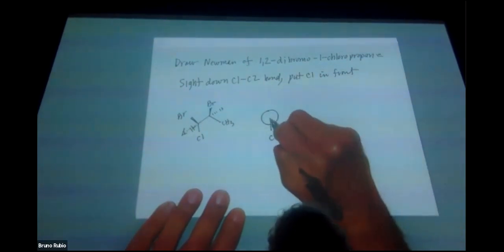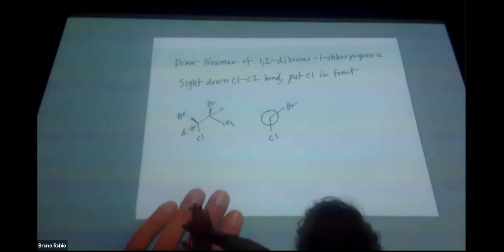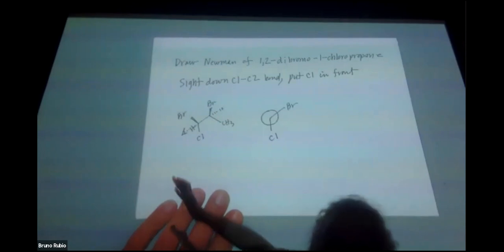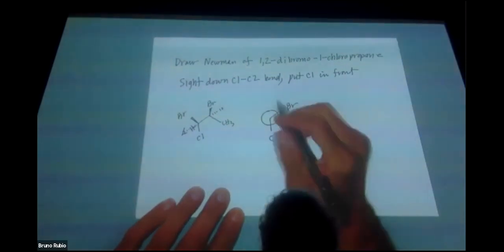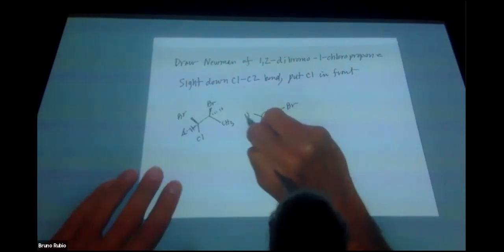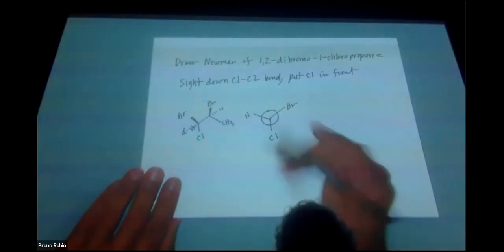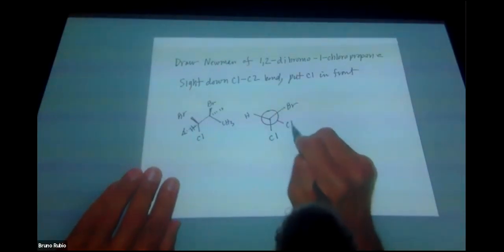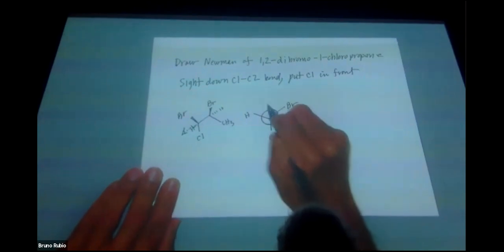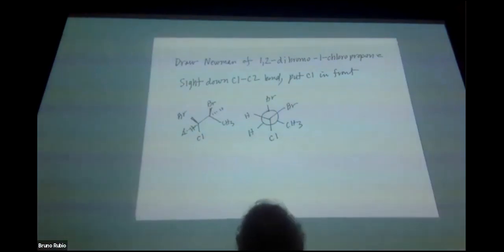I have the bromine on my right pointing up toward 2 o'clock, and the hydrogen on the left pointing up to 10 o'clock. The methyl group would be over here, the Br, and the H down there. So that's just one of the many, many possible Newman projections that I could draw for this molecule.